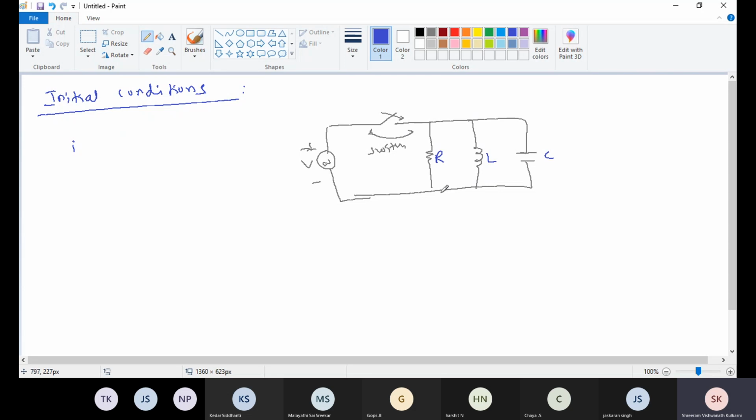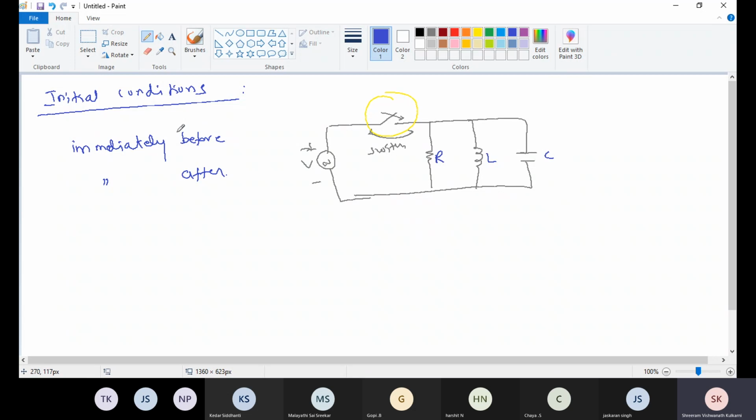I want to know the behavior of these elements, resistance, inductance, capacitance, at the time of switching. Now I'm going to differentiate between immediately before and immediately after.